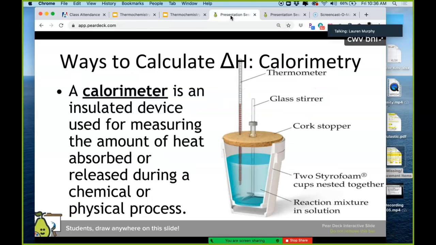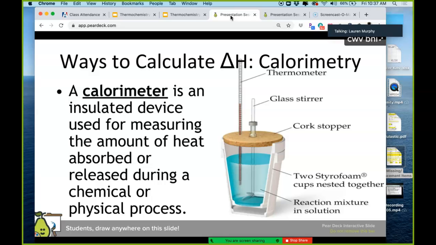Okay, so calorimetry is just a fancy word for doing chemical reactions that involve heat, either absorbing heat or releasing heat. And a calorimeter is just a fancy word for some sort of tool or device that's considered to be insulated, because when we do reactions, we want to assume that everything we're measuring isn't being lost to the room or to the device.